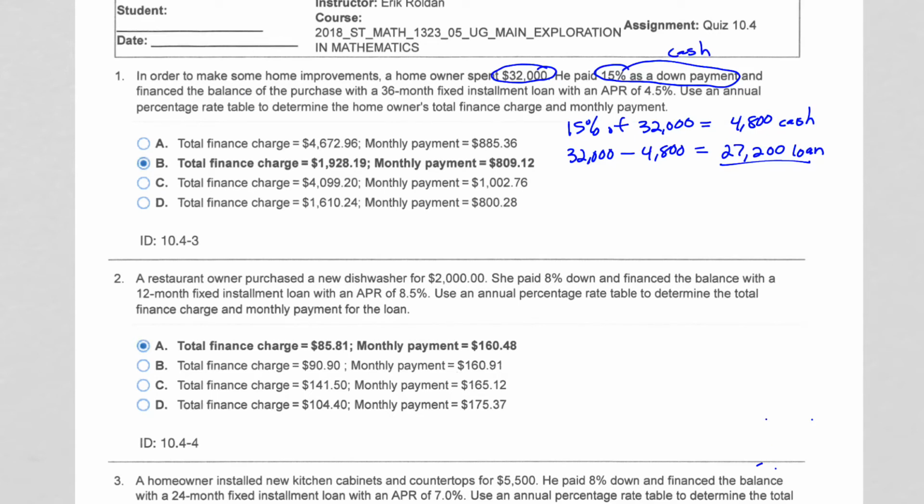So he's going to finance the rest, which is $27,200. It's going to take him 3 years to pay it off at this rate right here. Okay.